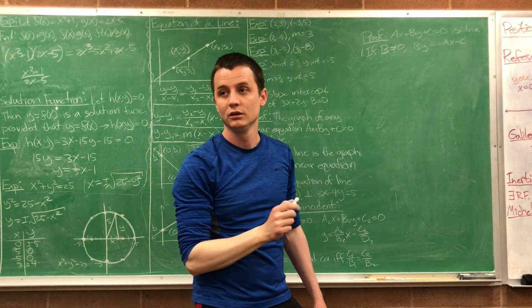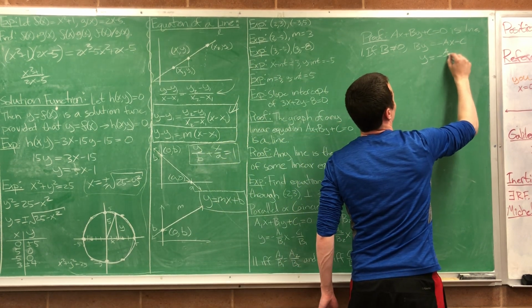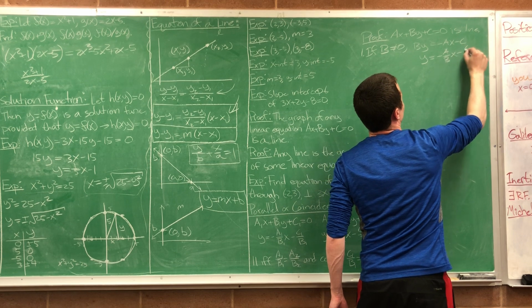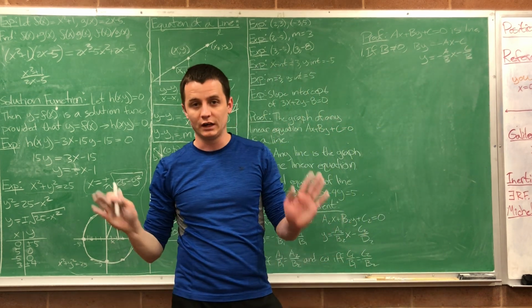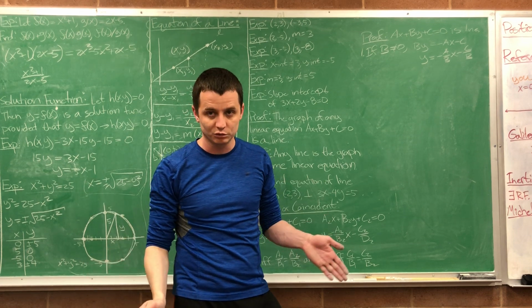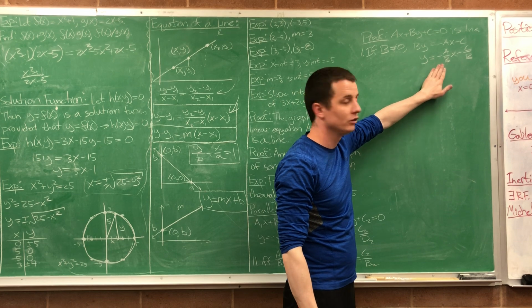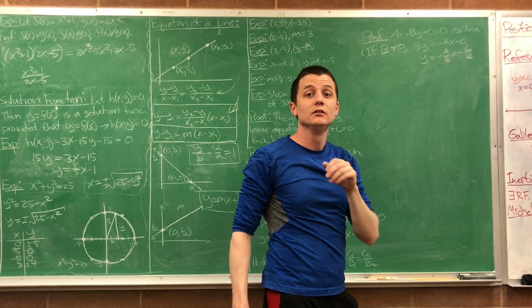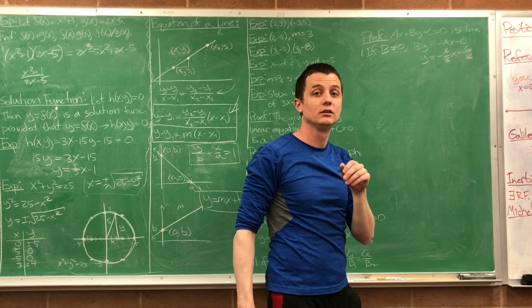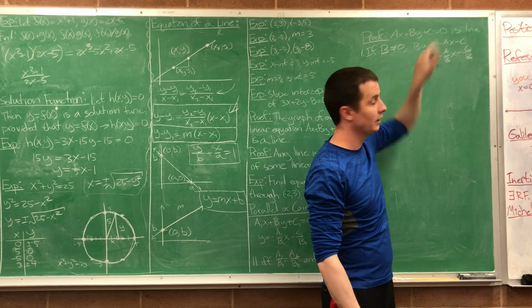And then we can say y is equal to negative a over b x minus c over b. Since b is not equal to 0, our division is guaranteed good and we're not adding or removing solutions. And we know that this is the equation of a line with this for a slope and this for a y-intercept. So we just showed, if b is not equal to 0, this definitely gives us a line.